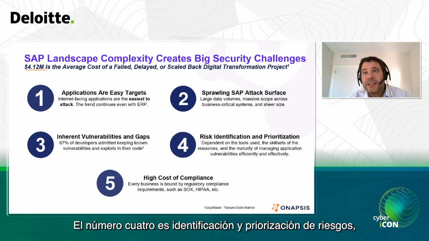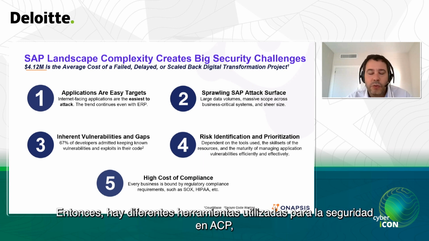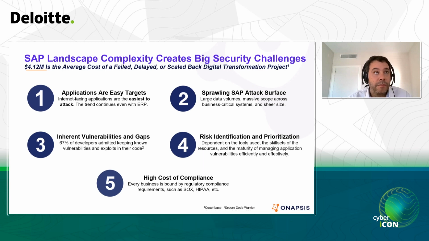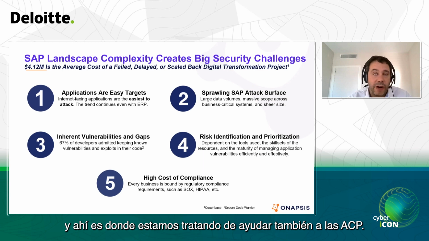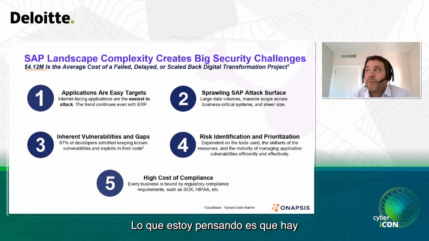Number four is risk identification and prioritization. There are different tools used for securing SAP. Most of them require proper skills to work with, and that's where we are trying to help as well.